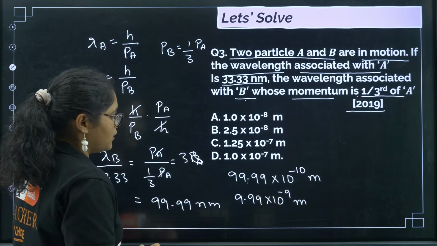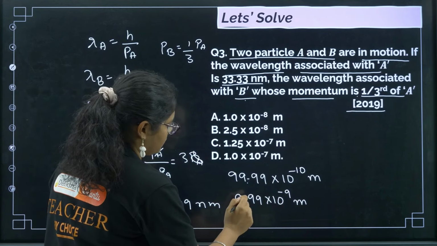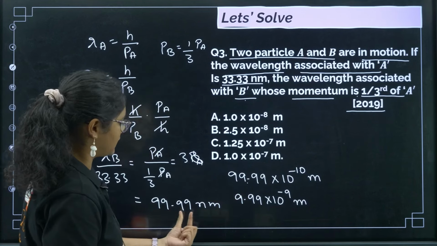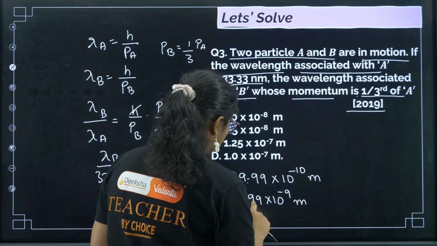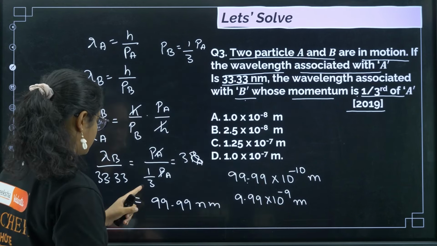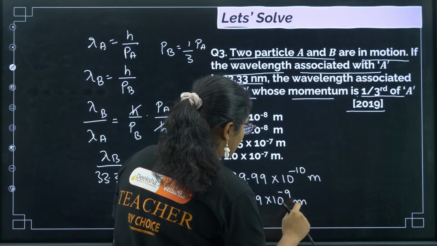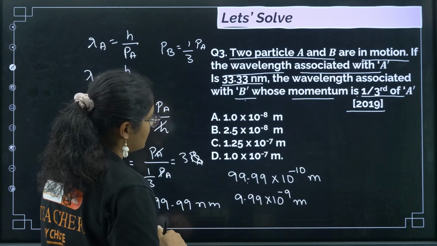Okay, then if I make it like this, I'll get 99.99 into 10 to the power of minus 9 meter. So is there an option like this?